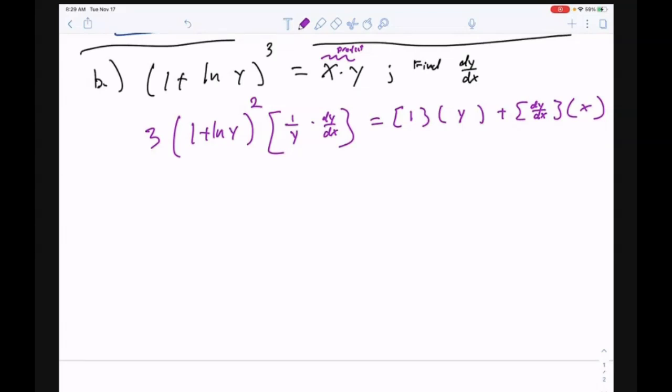And now it's time for algebra. This is a tricky algebra one. What's my play?